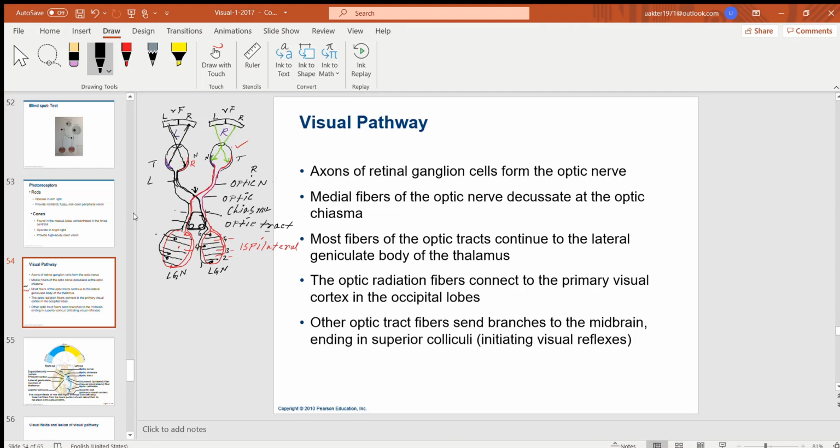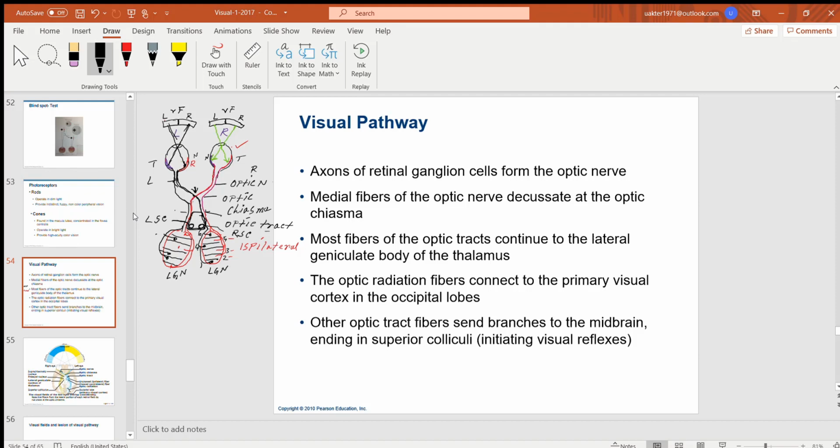Here I am showing the superior colliculi because these are related to the movement of the eye. So from the superior colliculi the signal goes to the oculomotor nucleus, trochlear nucleus and abducens nucleus, from where the oculomotor, trochlear and abducens cranial nerves arise. So this is the left superior colliculus, this is the right superior colliculus.